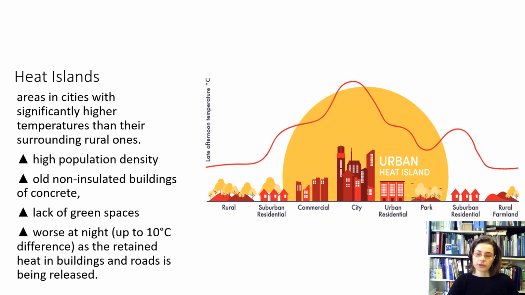The phenomenon is worse at night, when the temperature difference between the city center and the neighboring areas can be up to 10 degrees Celsius, because the retained heat in the buildings is then released.